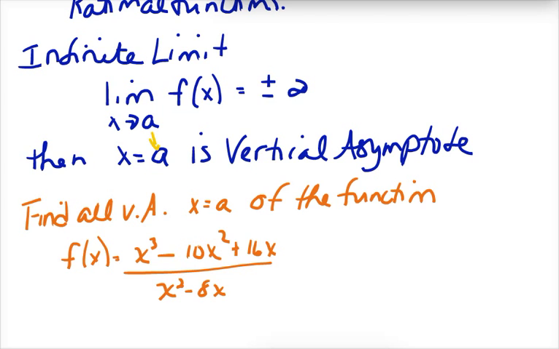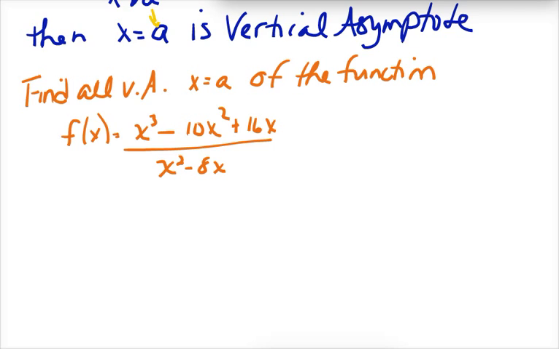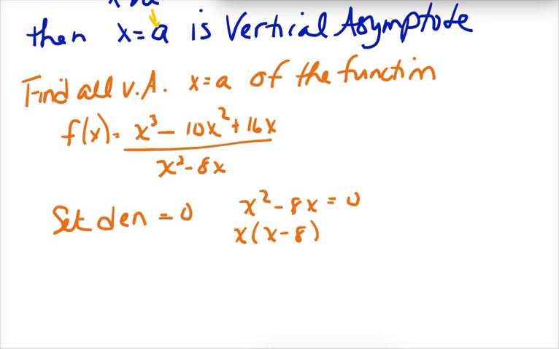I need to pause there for a minute. So setting the denominator equal to 0, you should notice that x equals 0 and x equals 8 are potential vertical asymptotes.